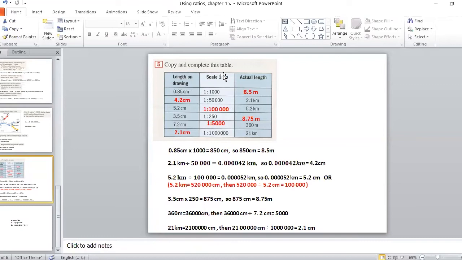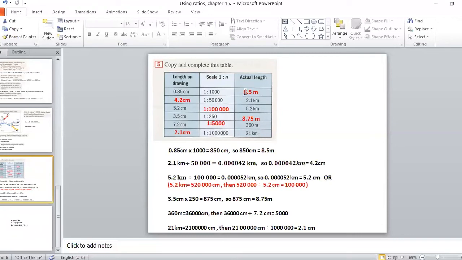The scale is 1 to n. Remember, the scale is always used in centimeters, 1 to n centimeters. And the actual length is the length or the distances in real life. Pay attention to the units shown for actual length. They are meters or kilometers, so bigger units.